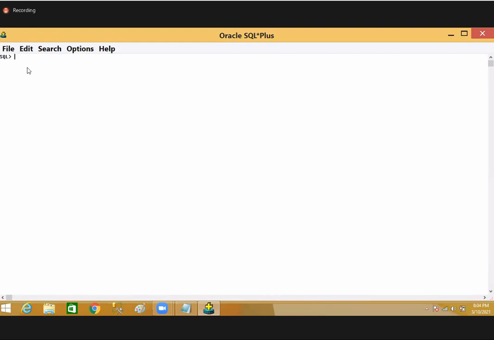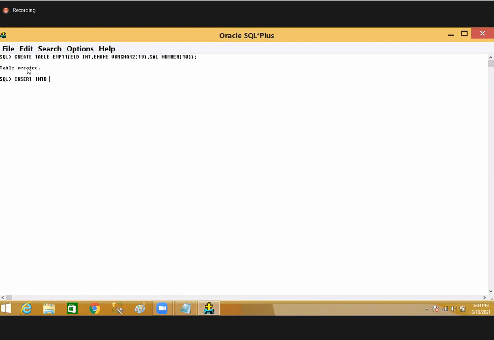So first of all, I'm creating one sample table with a small amount of data, because it is easy for understanding purposes. Employee ID, employee name and employee salary, for example. So this is one table.